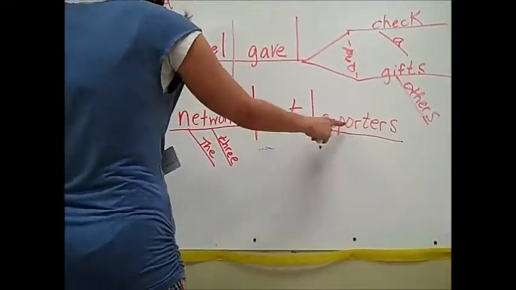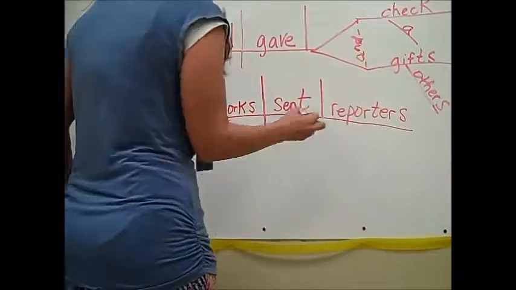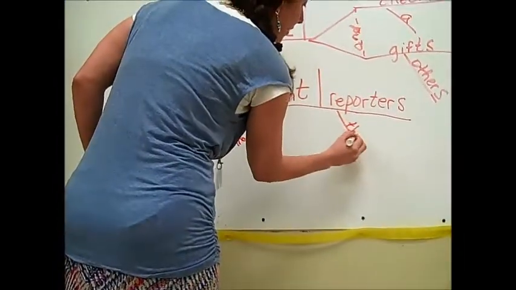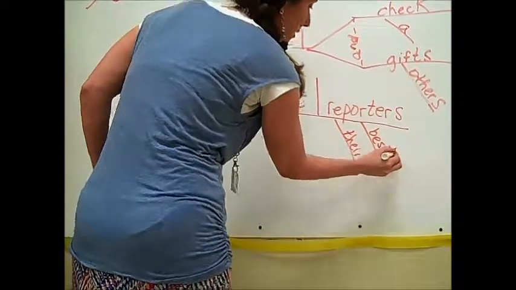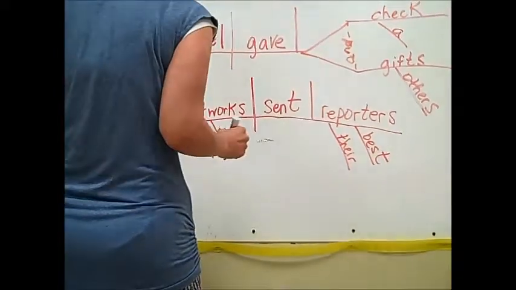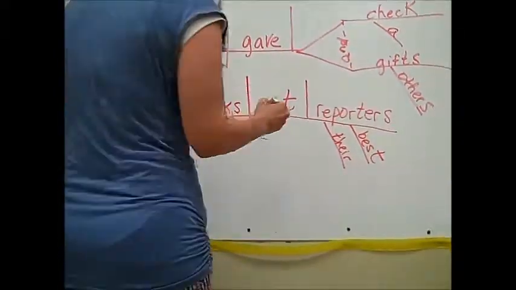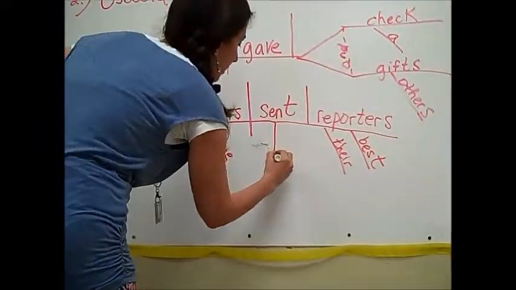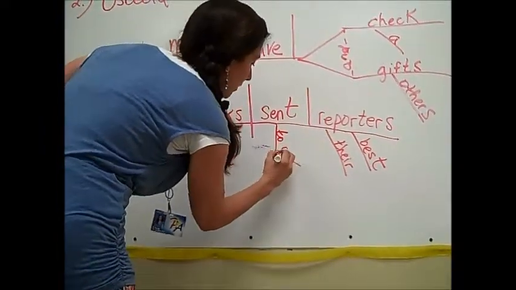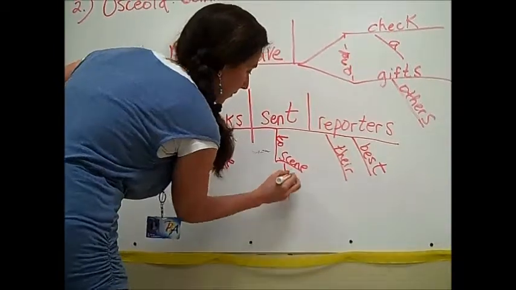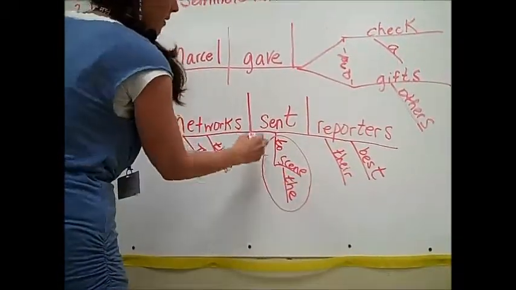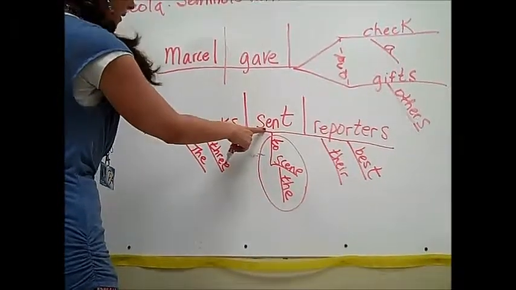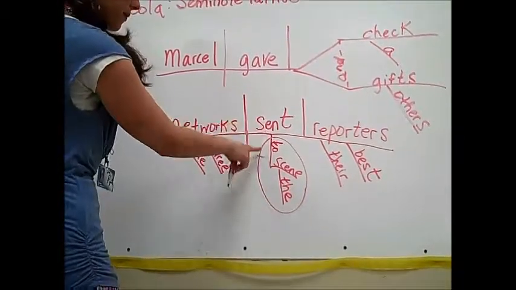Which reporters? Their best reporters. Their best, these are adjectives modifying our noun reporters. And they sent them where? Prepositional phrase. To the scene. This is acting as an adverb prepositional phrase, telling us more about where they sent the reporters.